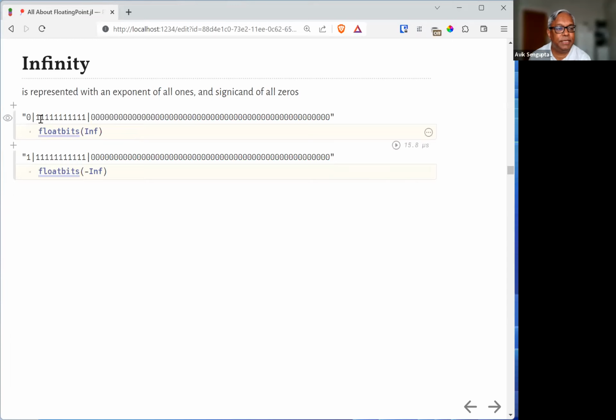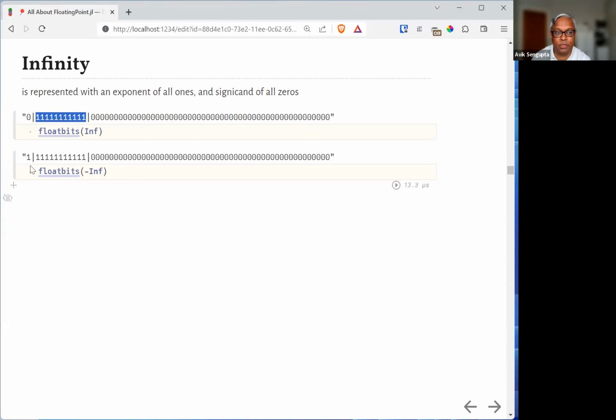Infinity is represented with an exponent of all ones, right? So you saw, even for the highest exponent, 1023, it started with a 0, and then those were all ones. If all the exponent bits are ones, then it's an infinity. It doesn't matter what the significand is, so long as all the exponent bits are 1, it's an infinity.